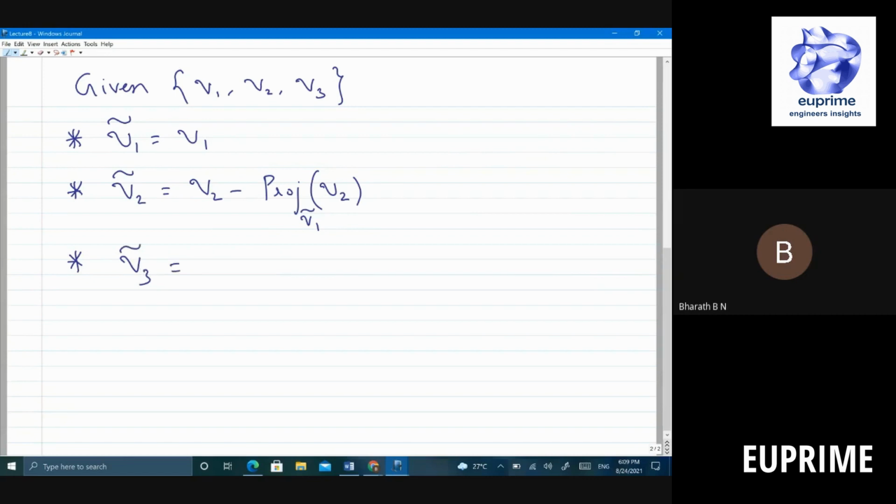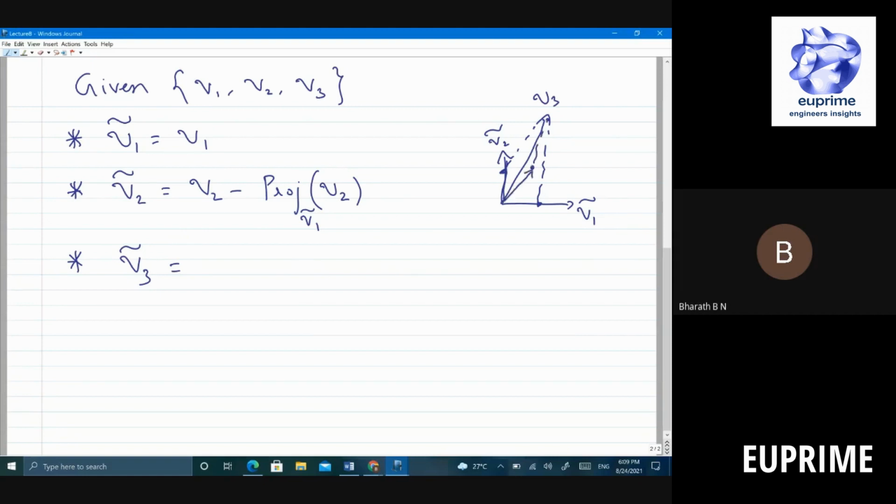You understood the procedure, right? So for example, v3 is this, and I have gotten, let's say, these two: this is v1 tilde, this is v2 tilde. Think of v3 as being in the 3rd dimension, okay? Now how do you find v3 tilde, which is orthogonal? First I can project it onto v1 tilde, project onto v2 tilde, sum them, I get a vector which is here, right?